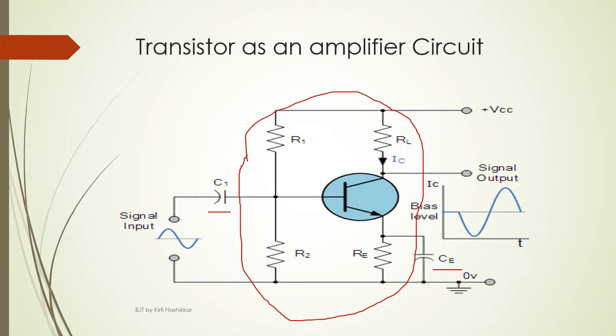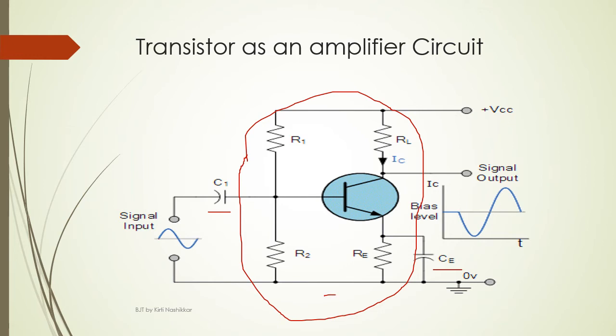So as shown here, the small change in the input section produces a large change at the output section of this transistor. Okay, now this particular circuit is actually divided into four parts. First part is your input capacitor through which you are giving your input signal. Second part is this potential divider bias circuit.